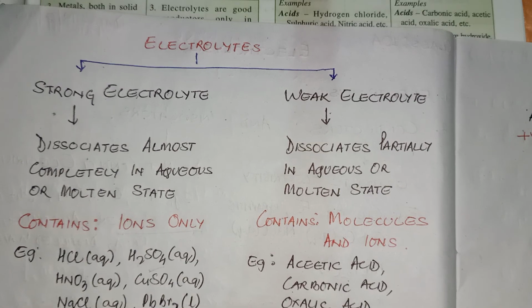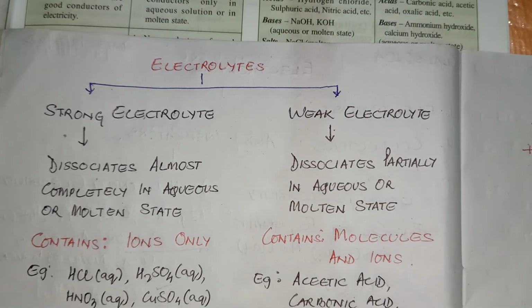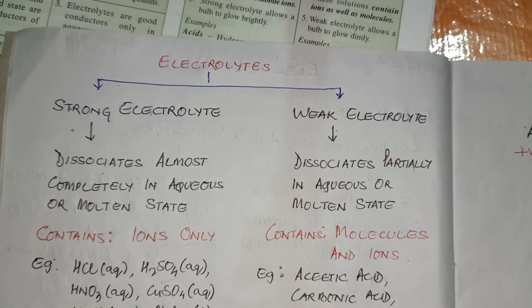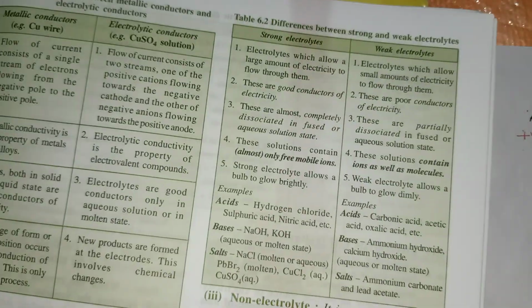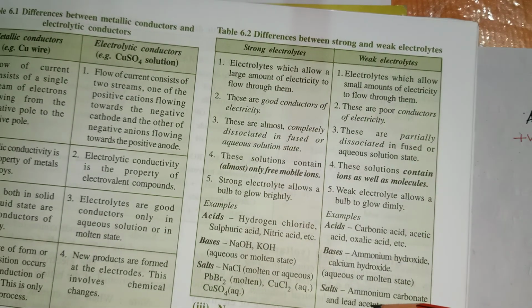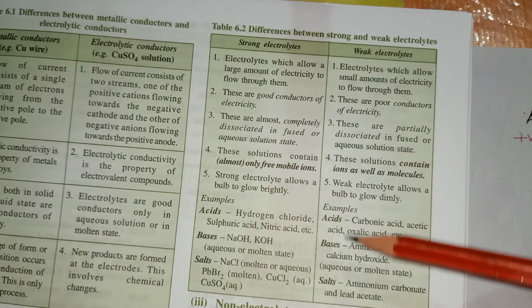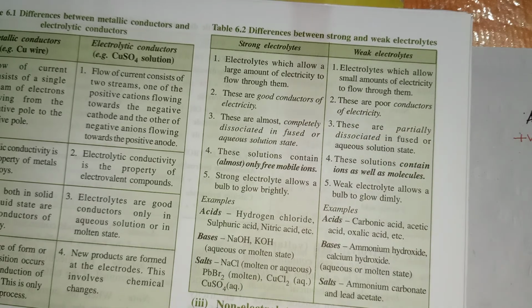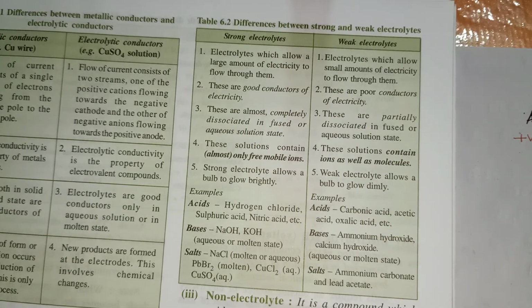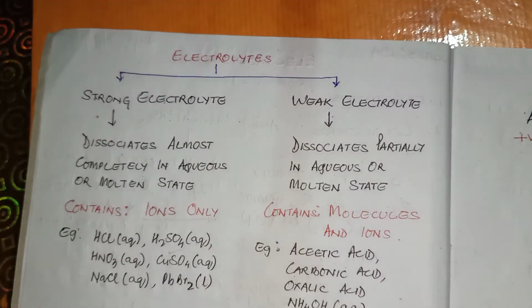Is that clear, boys? The differences between strong and weak electrolytes are given in detail in your book in this table. You can refer to this difference chart in your book.